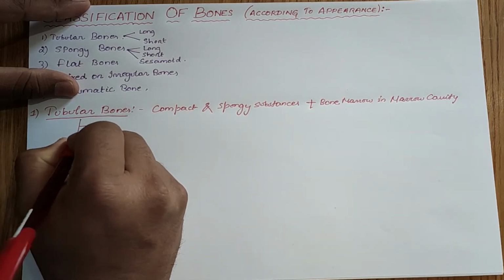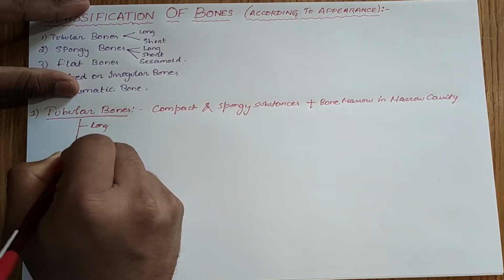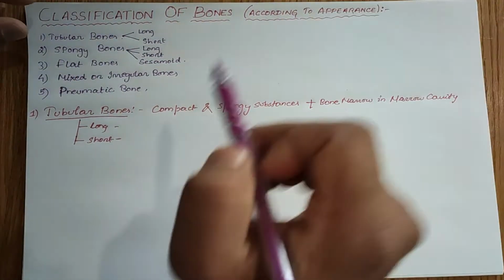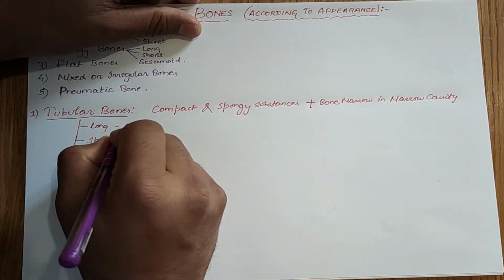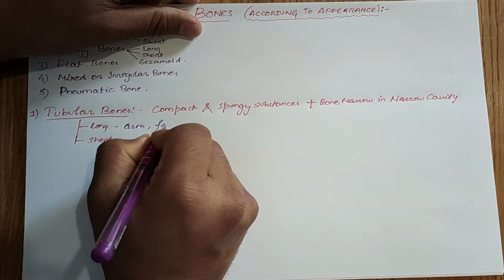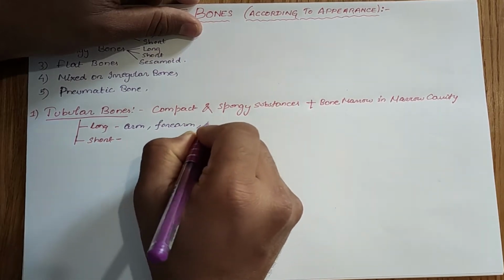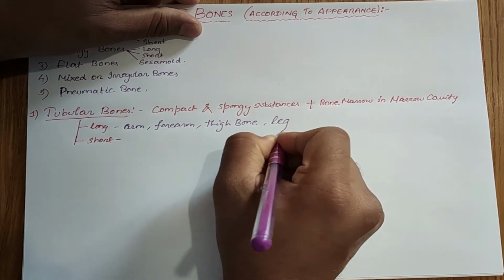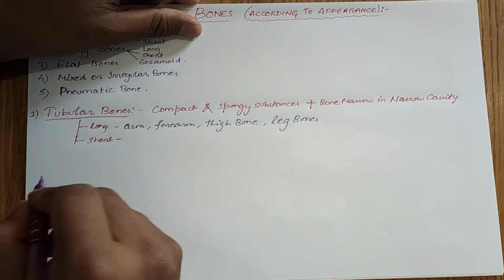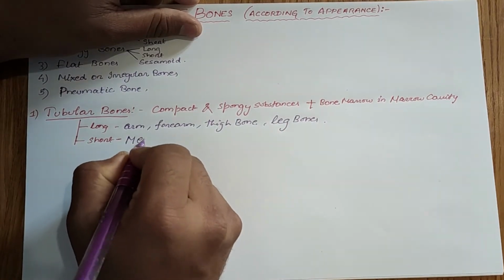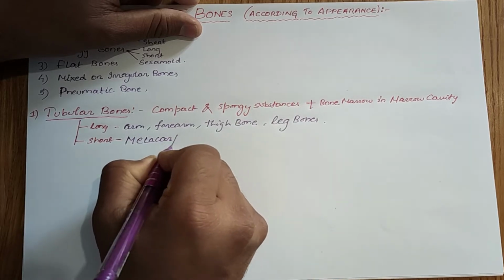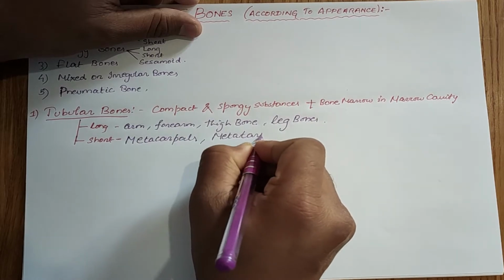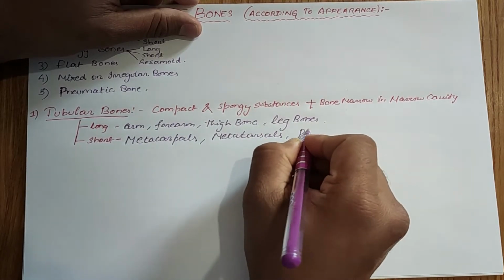Here the bones are long and short. What are the examples of long bone and short bone? Long bones are like the arm, forearm, thigh bone, and leg bones, and short ones are metacarpals, metatarsals, and phalanges.